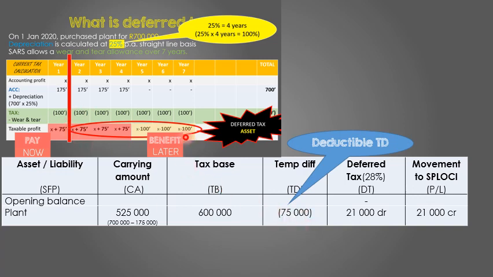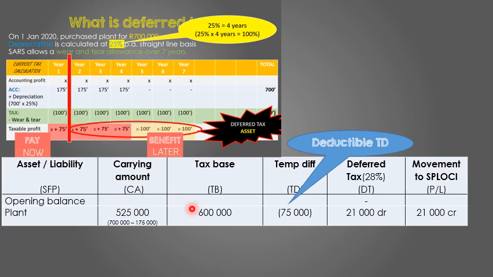In future, we are going to have deductions because look at this. The carrying amount, the future economic benefits we are going to get from this plant, is 525,000, whereas the deductions are more. We are going to get more deductions than we are going to get economic benefits.